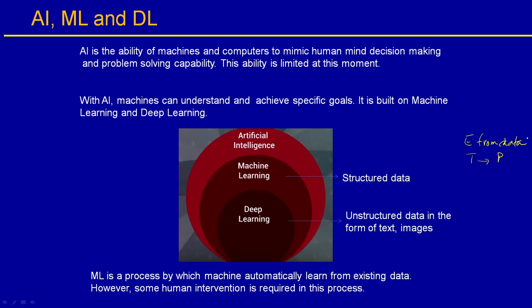But the question is, you must be thinking, why data, why not something else? It can learn from text also. So, anything it can learn, but right now we limit ourselves to data, because we are very familiar with data. Those of you who are doing experiments know that we produce a lot of data in terms of properties of material, data in terms of images, data in terms of spectroscopic analysis.